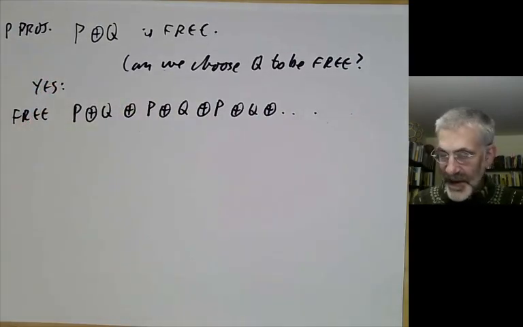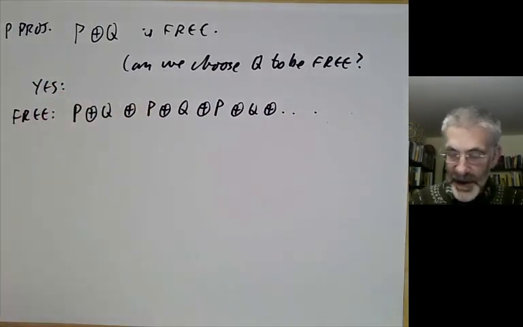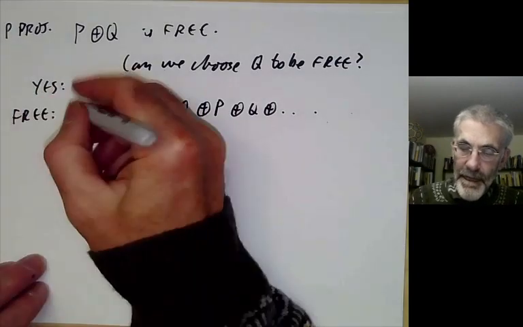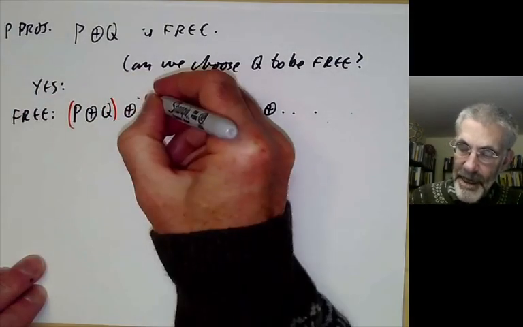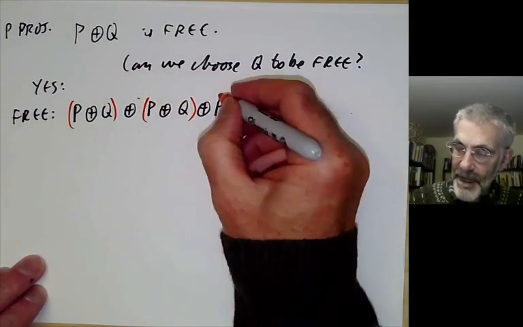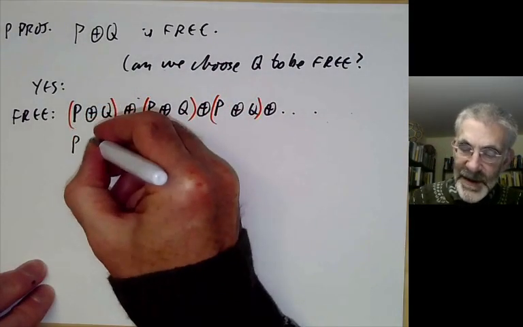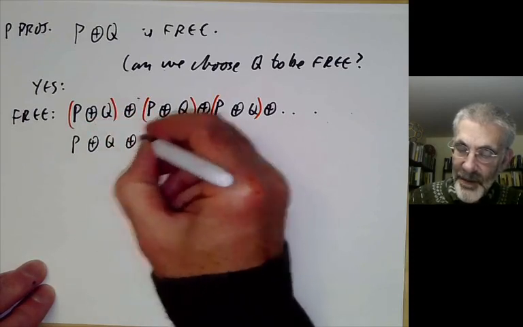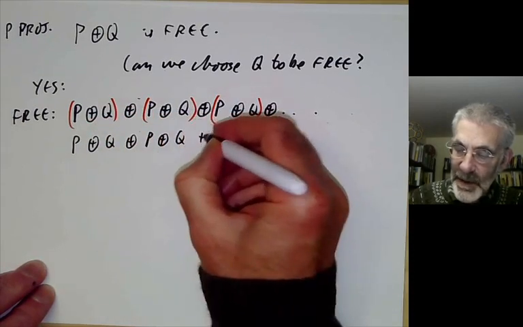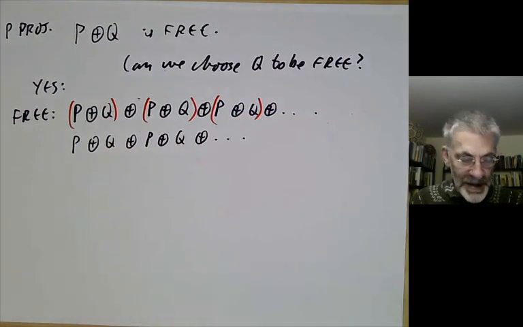It's easy to see that this is a free module because this bit is free, and this bit is free, and this bit is free, and so on. We've just added up a lot of free modules. On the other hand, we can also write it as P plus Q plus P plus Q plus and so on. Now let's look at what we've got here.